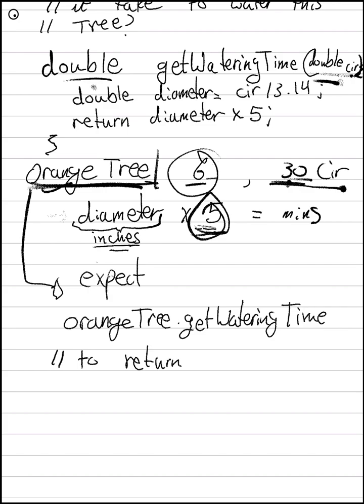So it has a circumference of 30, so it would be 30 divided by 3.14 multiplied by 5, with a margin of error of 0.001. Does this all make sense? It all makes perfect sense.